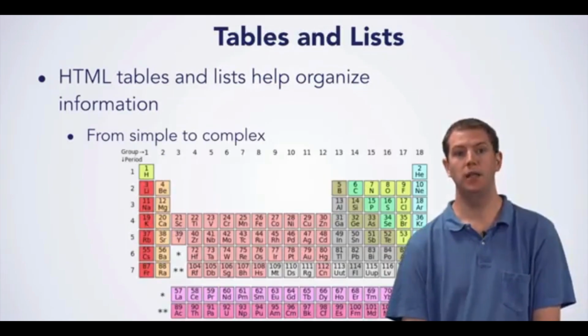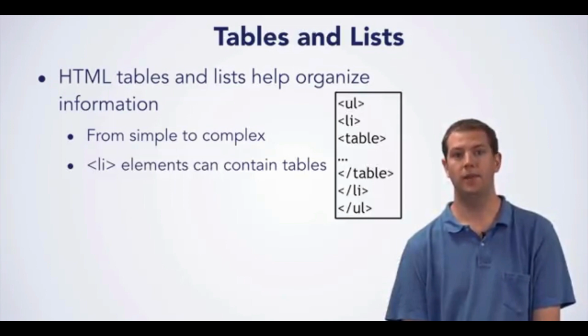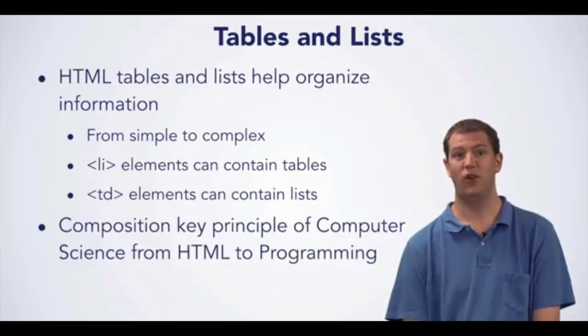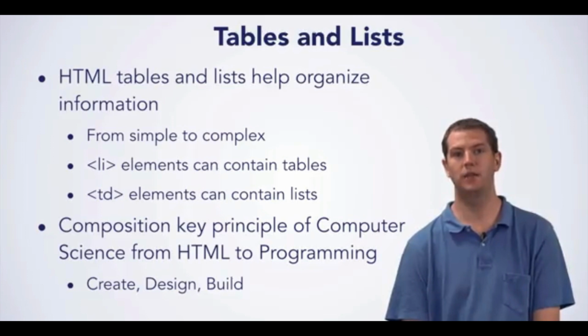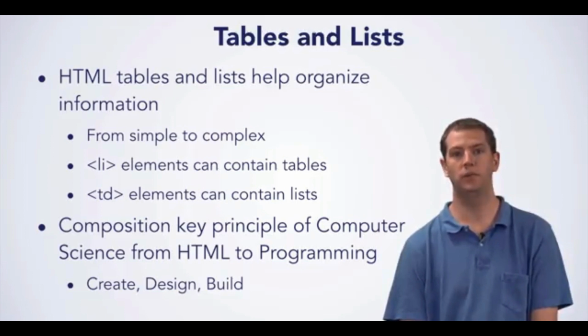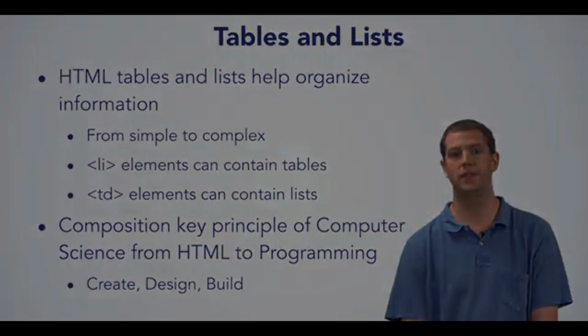If you wanted, you could put a table tag inside of an li tag, or a list inside of a table. Isn't composition great? You're going to see it come up again as it is a key principle in computer science. And it will help you as you create, design, and build whatever you want the computer to do for you, whether it is a web page to show off some cool information or a program to compute something important.